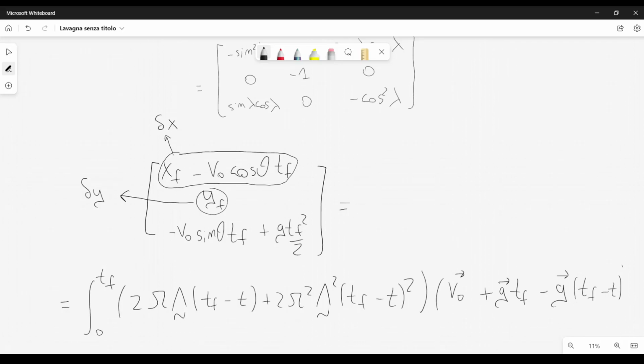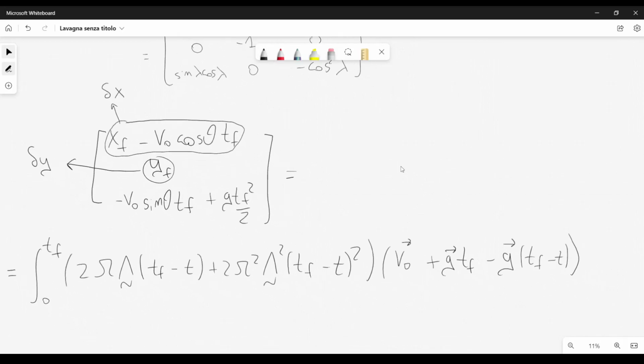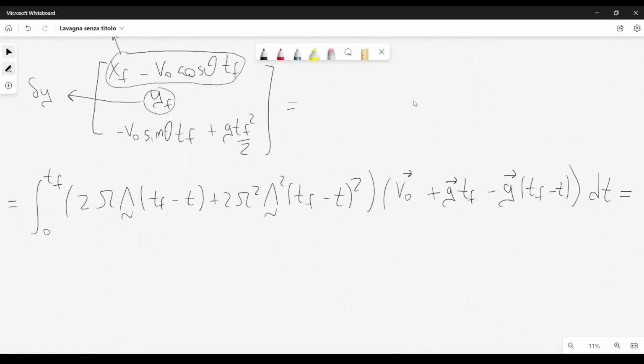I will rewrite it like this, and then dt, because in this case it will be easier to calculate the integral, because the variable inside the integration here is tf minus t. If you take a look at it, tf minus t, whereas this is a constant and all other terms are constant. So you can easily carry out the integration.